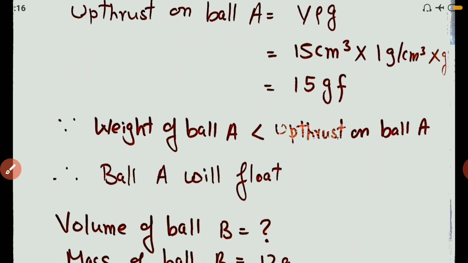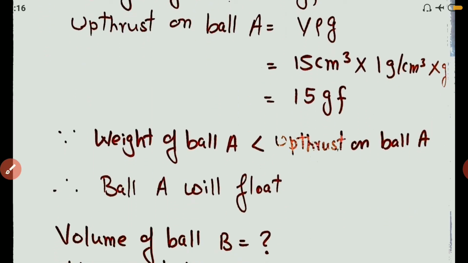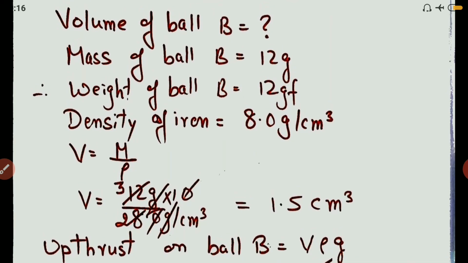Since the weight of the ball, which is 12 gram force, is less than the upthrust, which is 15 gram force, this body will float, so ball A should float. Now for the ball B, volume of the ball B is not given.